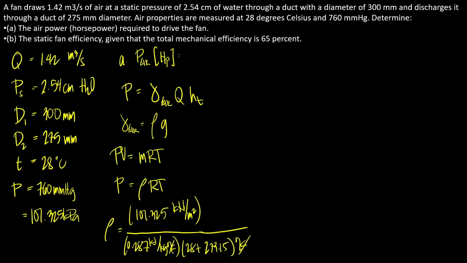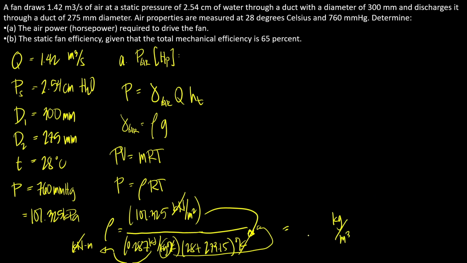So Kelvin cancels, and the kilojoule is just kilonewton meter, so kilonewton cancels. The meter squared goes to the bottom, so we have meter cube, and the kilogram goes to the top. So our final unit is kilogram per meter cube.